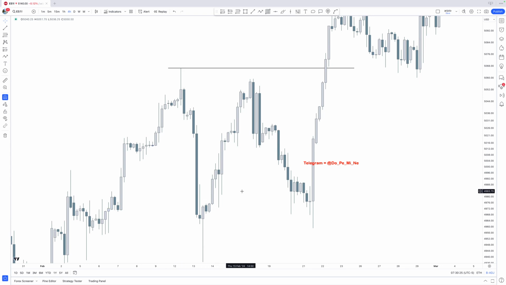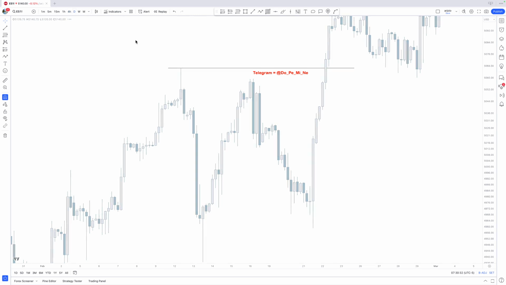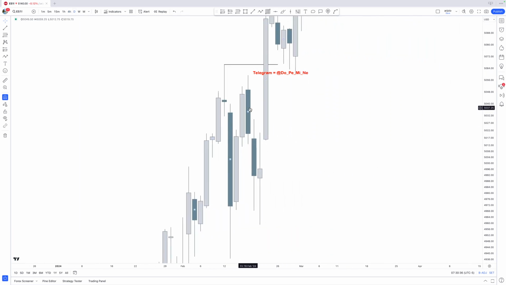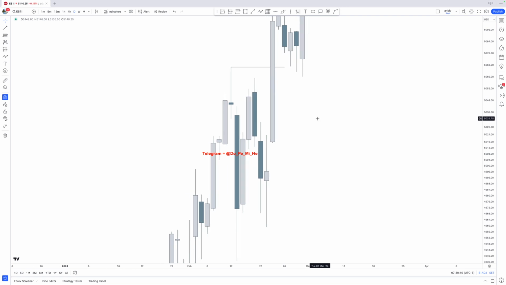An order block is when you have only consecutive up candles or consecutive down candles. So what we're seeing right here, we have 2 consecutive down candles right there and 2 consecutive down candles right there before we have the up move right there. That creates an order block. So order blocks are always consecutive down candles or consecutive up candles, consecutive up candles if we are creating a bearish order block.